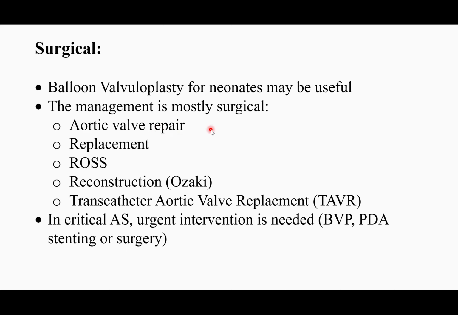So repairing the aortic valve may be challenging and may not be successful, and aortic regurgitation may occur. So unless the pathology is simple and clear, and it involves only one step for repair, usually repair is not successful.